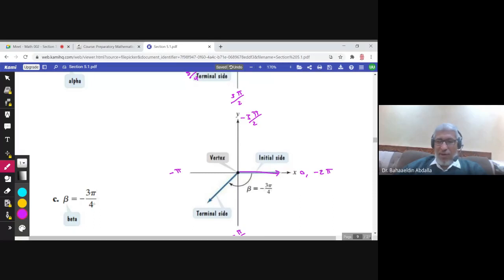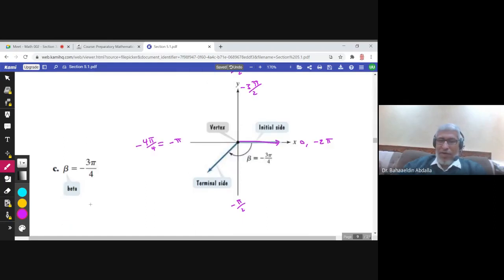How to graph negative 3 pi over 4? You need to remember that pi is 4 over 4. So from 0 to here, it's negative 4 over 4. If you need negative 3 over 4, this is less by pi over 4.